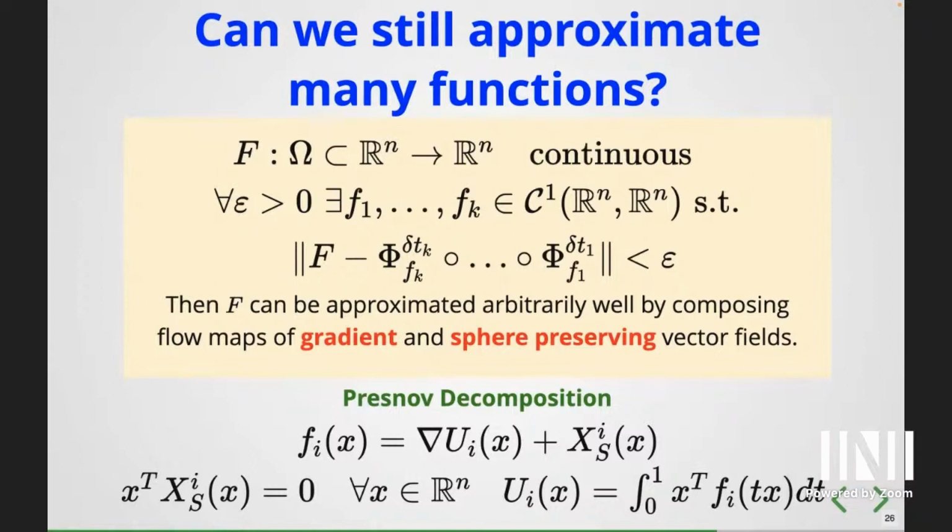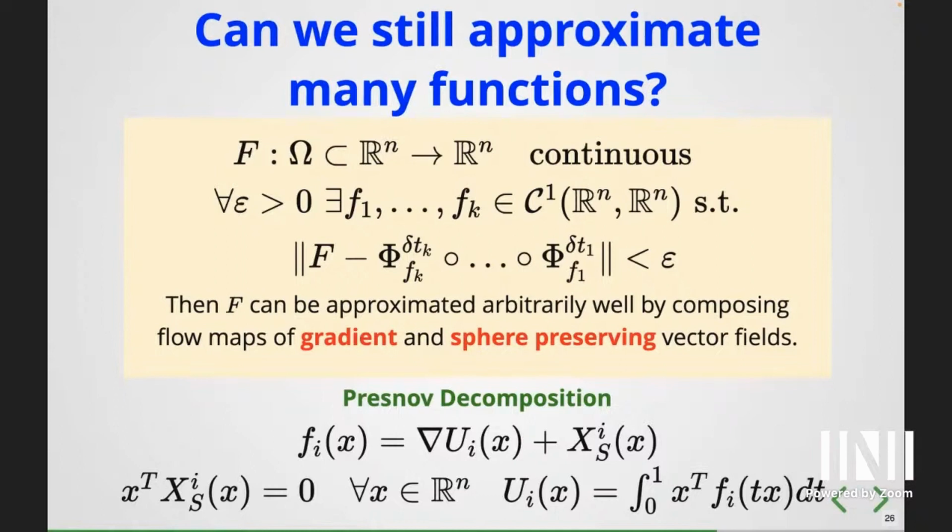And once you can do this, you can also prove that you can approximate the same function with the same accuracy, but with more structured vector fields, in particular, in this case, gradient flows and sphere preserving vector fields. So vector fields that have a conserved energy, which is the norm of x squared. So they are all orthogonal to x at any position.